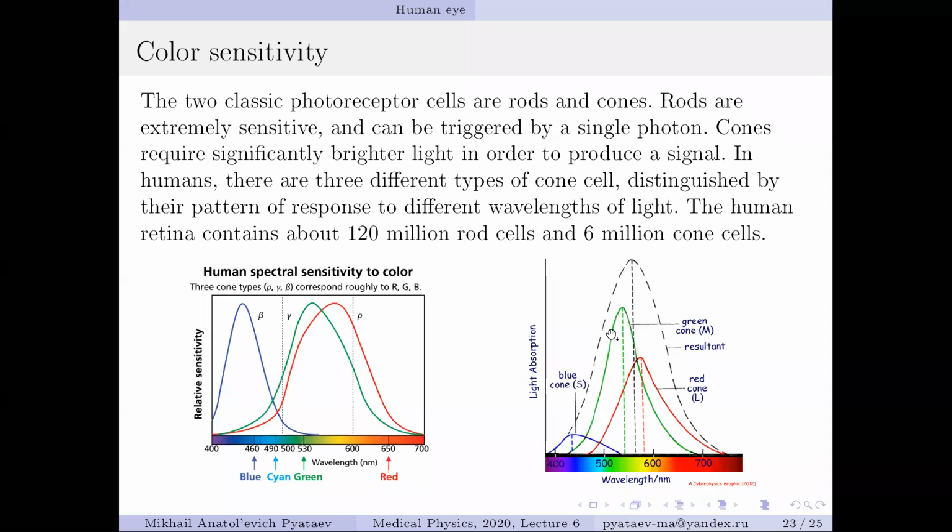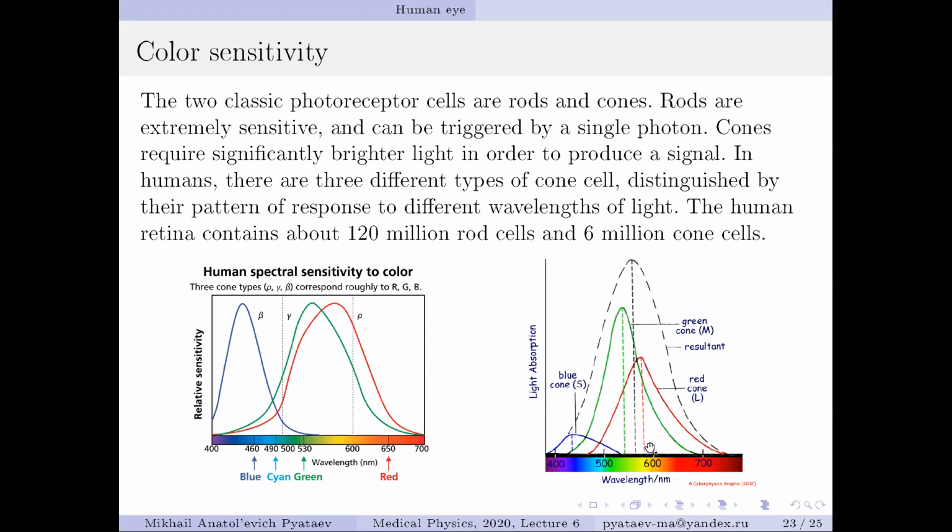That's why our eye is most sensitive to green light, and blue light is less sensitive. So if we have the same intensity of red, green, or blue light, then green would look the most intensive, the brightest.